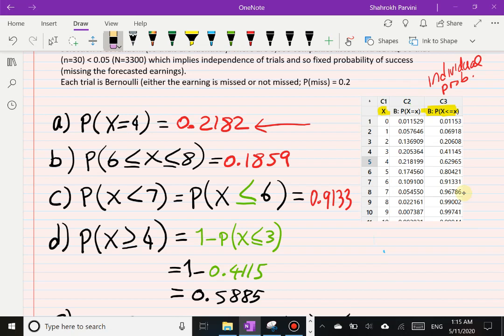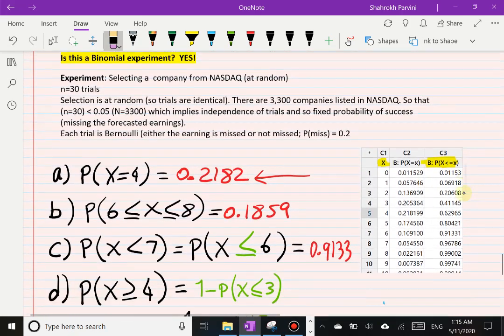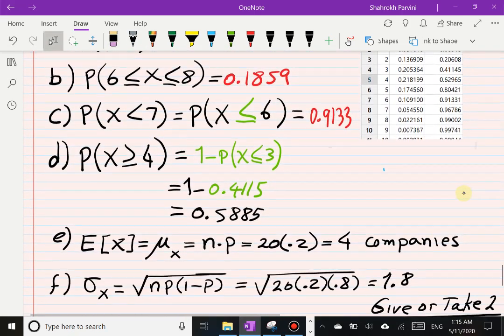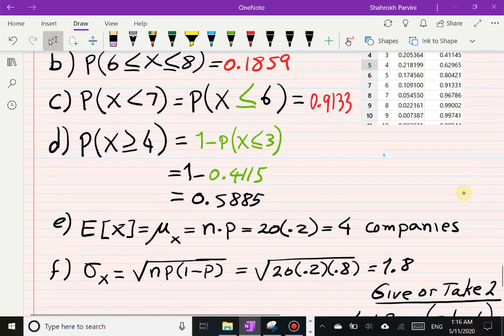Now, let's see. To do parts E and F, the expected value and the standard deviation, we have a formula for those. Minitab doesn't do that, but the formula is pretty easy to follow. So for this one, expected value of x is the mean of x, mu of x.